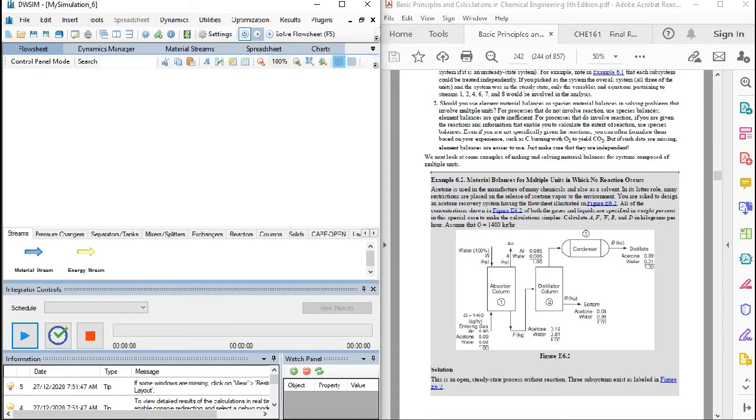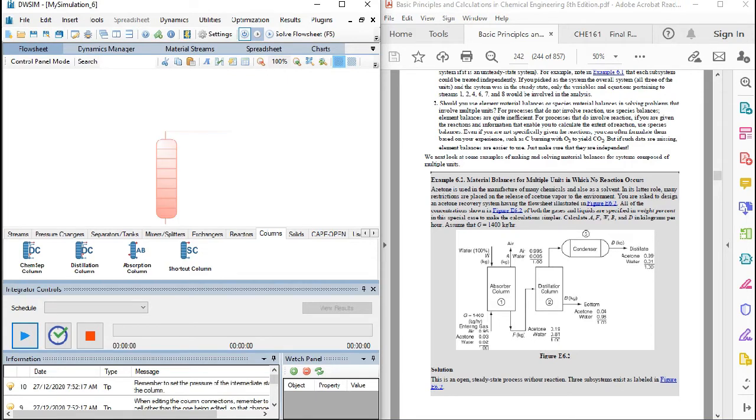Now we will be putting our streams and unit operations in the DWSIM. So first, we will be needing the absorber column. We have here columns, which is the absorption column.